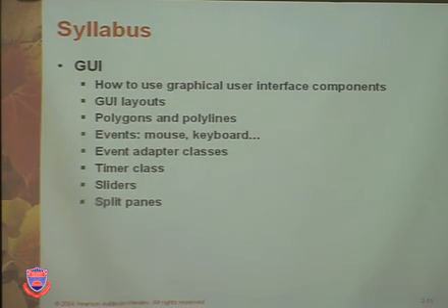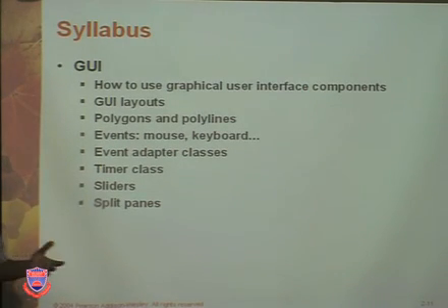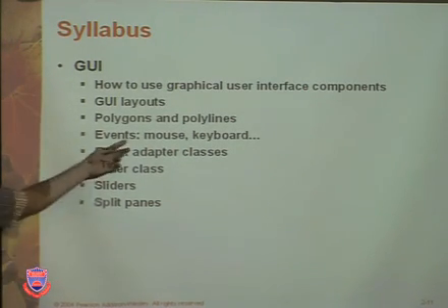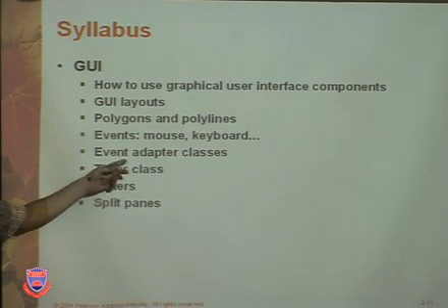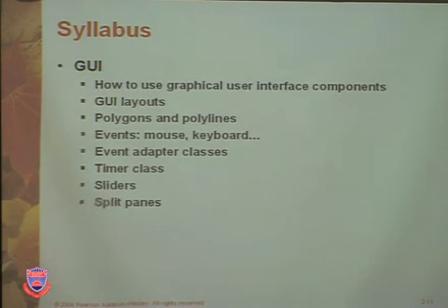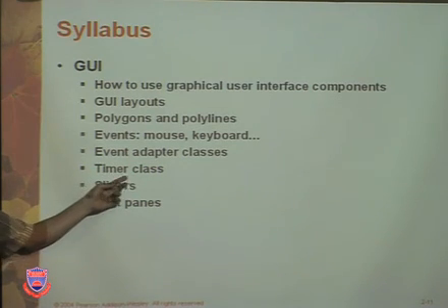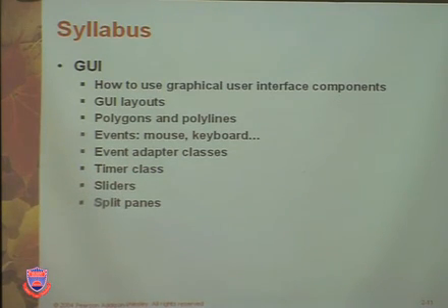On mouse left click, for example, do this. Okay? You will all be able to do that when we cover that portion. Event adapter classes, how events adapt to situations. And we have a timer class that we are going to deal with. Sliders, split panes. These are again components that you can use as GUI components.